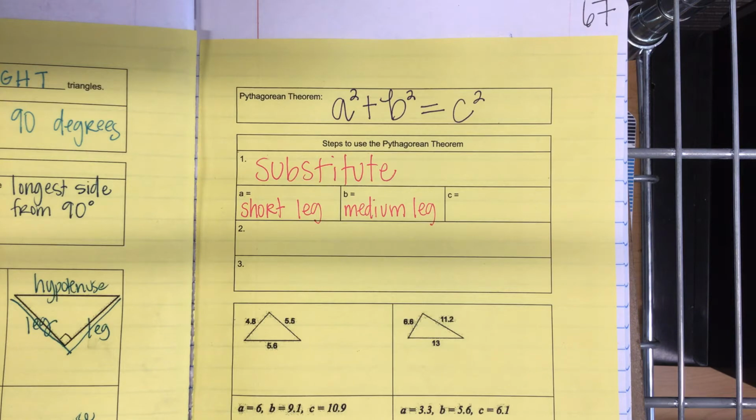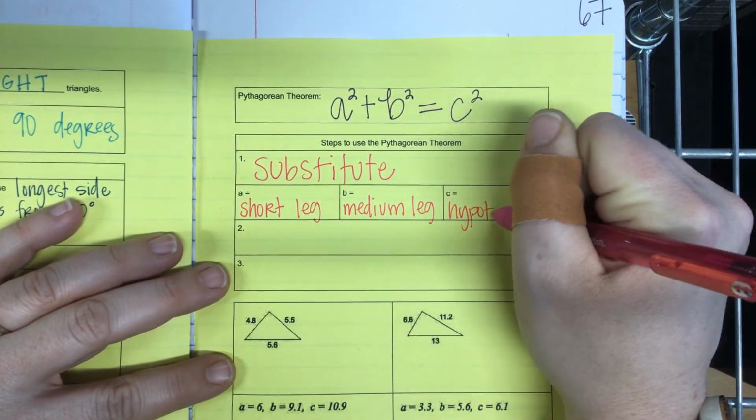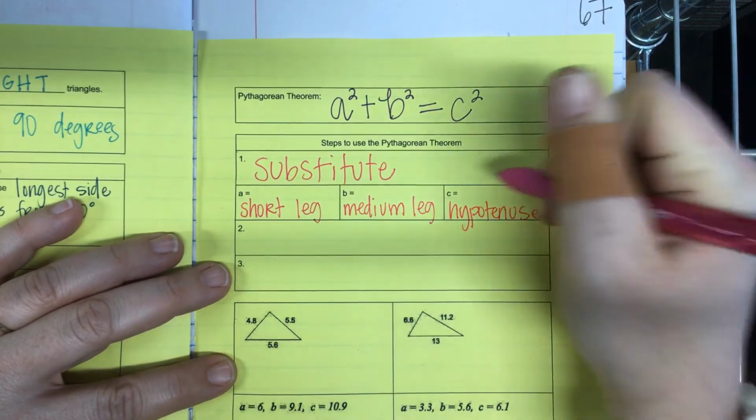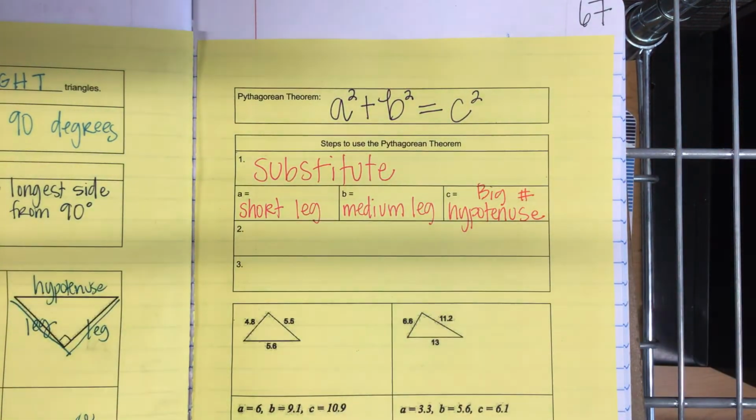It has to be the hypotenuse, because there's a leg, and a hypotenuse. C is the hypotenuse, which is the biggest number, the largest number, the greatest value.